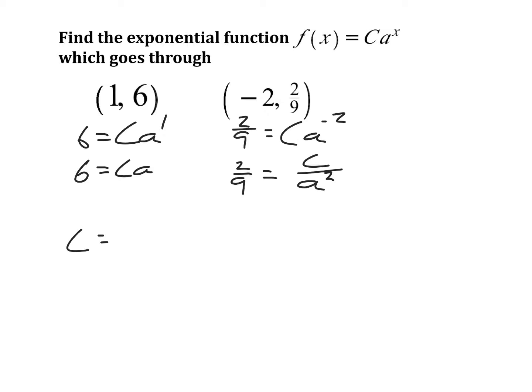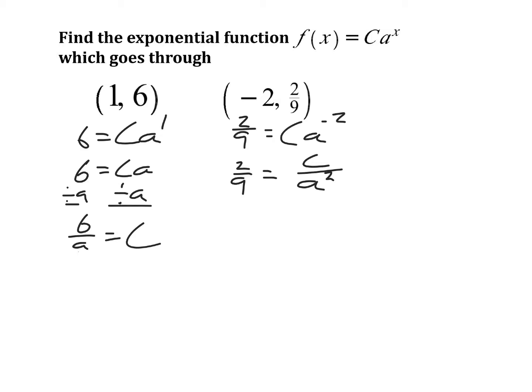So for the one on the left here, 6 equals ca. If I want to get c by itself, I'm going to divide both sides by a. Then, having done that, we got 6 over a equals c. We can repeat the same process on the one on the right side here.